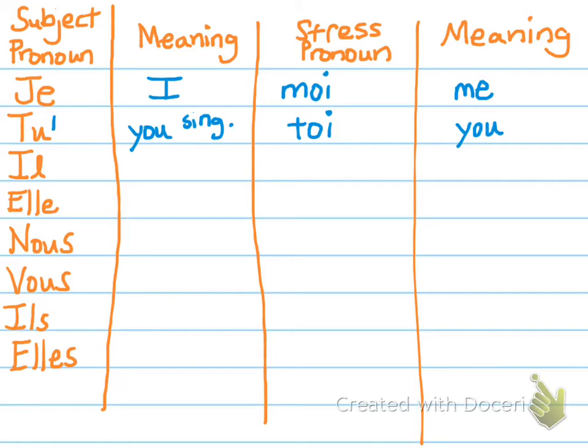Remember, we call this the familiar you. Okay, so you use it with one person, and it's someone you know well or who's younger than you, a member of your family. Il means he. The stress pronoun that corresponds to il is lui, and lui means him.